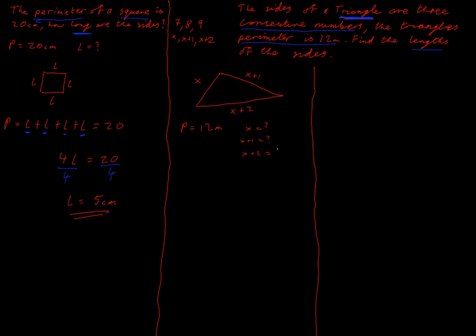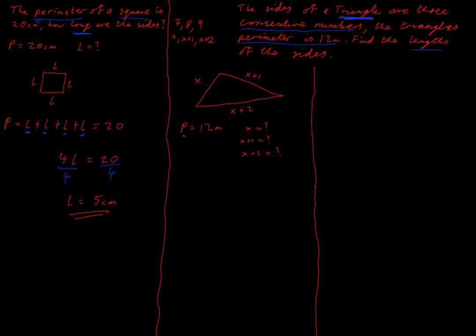I want to know these 3 sides. So I've taken my question and I've translated it into maths. I've written down all of the stuff that I've been told. I've drawn a picture, which helps me. And now I am going to see if I can figure out how to solve my problem, now that I've done all this hard work.